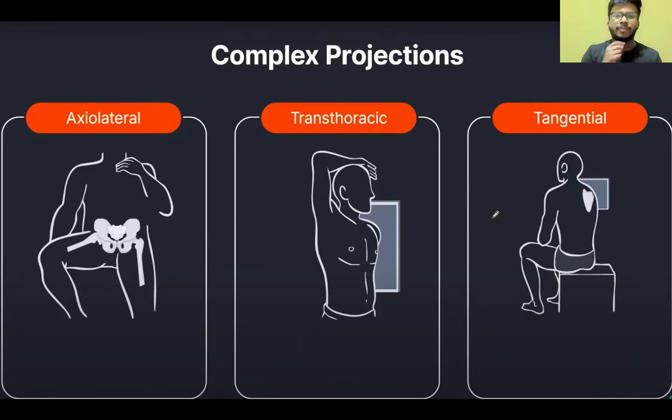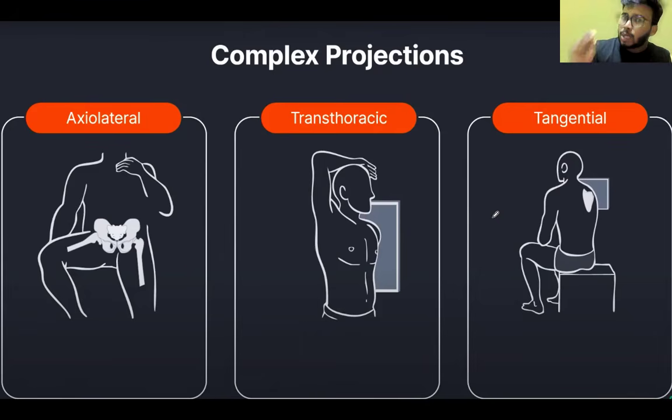Clear? Then, next one is tangential projection. Just listen carefully. Tangential projection is the projection we use to project curved surfaces, for example the patella, the knee joint, or the scapula, from the surrounding structures without superimposition or overlap.